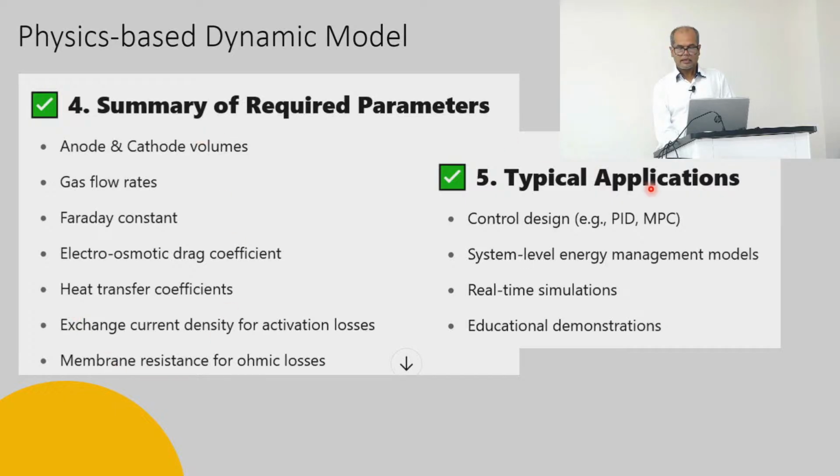And then, as I mentioned, the control design could be a simple PID, or if you want to go very robust, model predictive control, or there are also many other robust control techniques as well. If you want to go for those sorts of control, this model might be the best one.